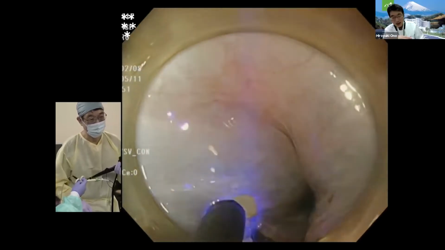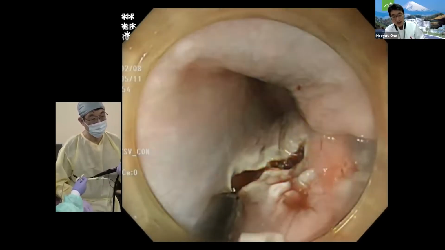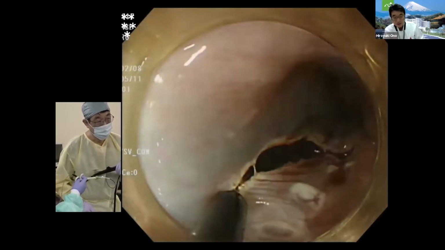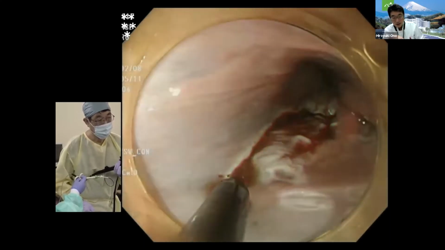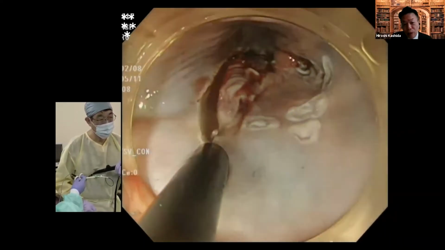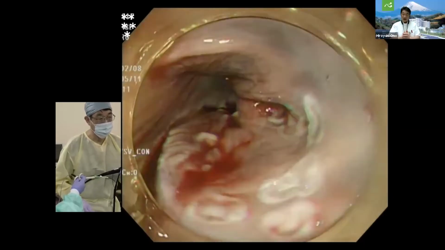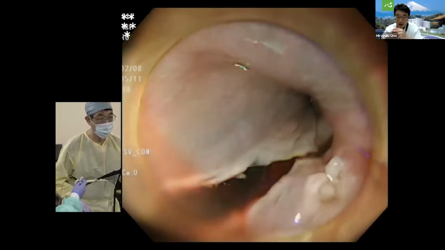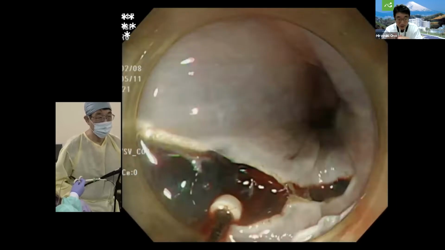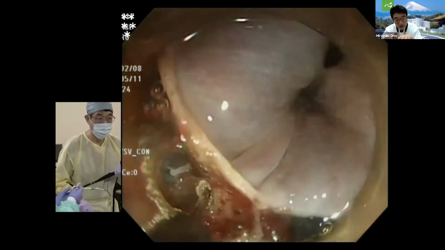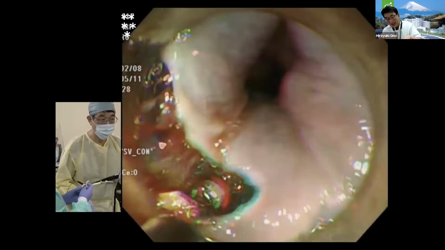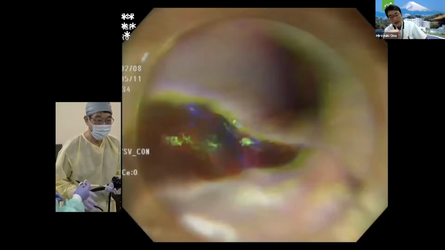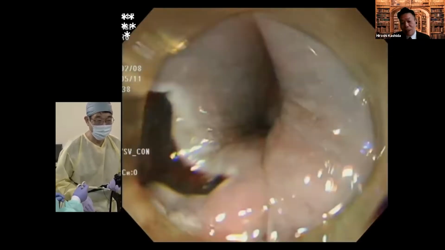First, I start to incise from the distal side to the proximal side. What mode did you use for this incision? End-cut mode. And you can see some bleeding. In such cases, I use the IT knife to cut the submucosal layer and also stop the bleeding. At the same time, you mean? Yes.